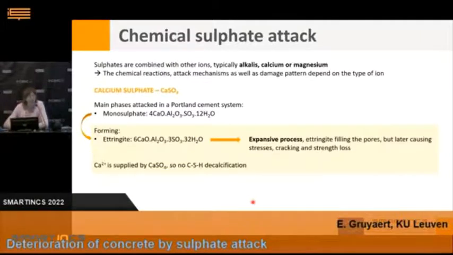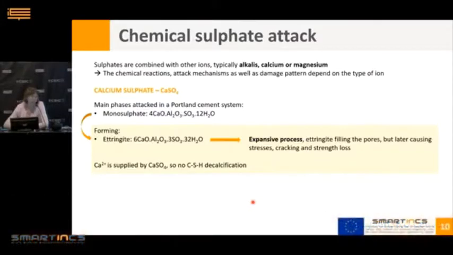If you are looking then at the next one, which is the calcium sulfate, as you can see over here, the main phase that is attacked in a Portland cement system is the monosulfate, again of course converting towards ettringite formation. At this moment, it's not like with the sodium sulfate that we need calcium ions from somewhere else. No, we have now the calcium sulfate here as the attacking mechanism.